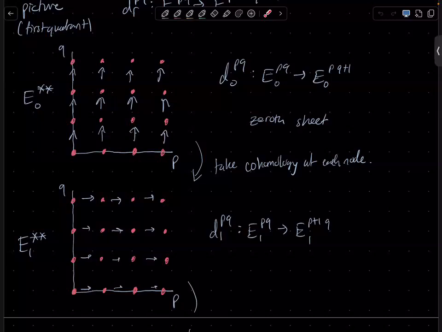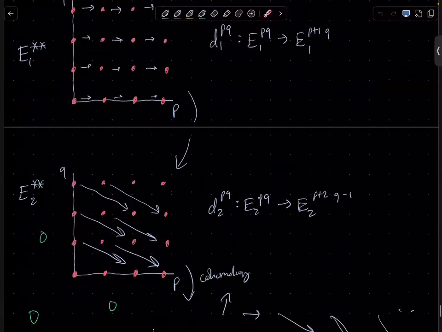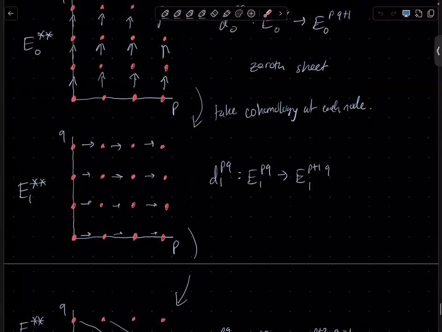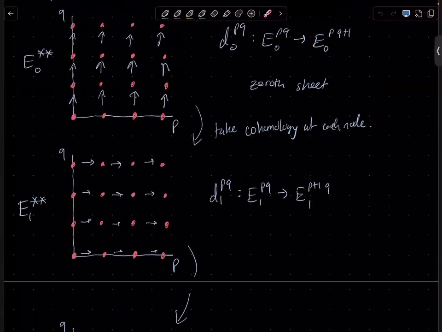So going from E0 to E1, take cohomology at each node, replace that node with whatever you get. That's your E1, and so on and so forth. As you do this, the differentials change in some prescribed pattern. Every time you take cohomology, the new differential points one more node to the right and one more node down.